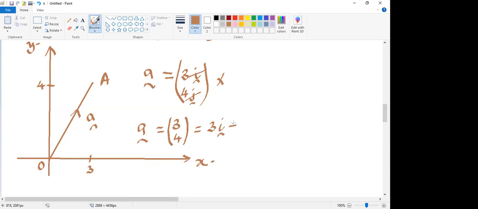Thank you very much. 3i plus 4j gives me that vector in terms of I and j. And it is the position vector, we have said, the vector starting from the origin.